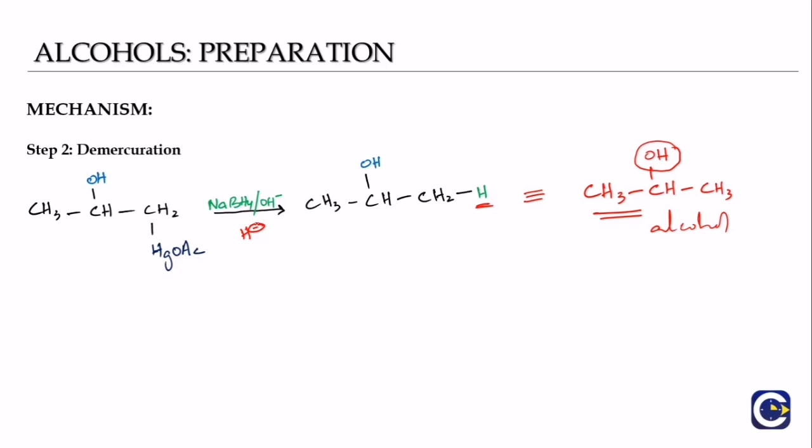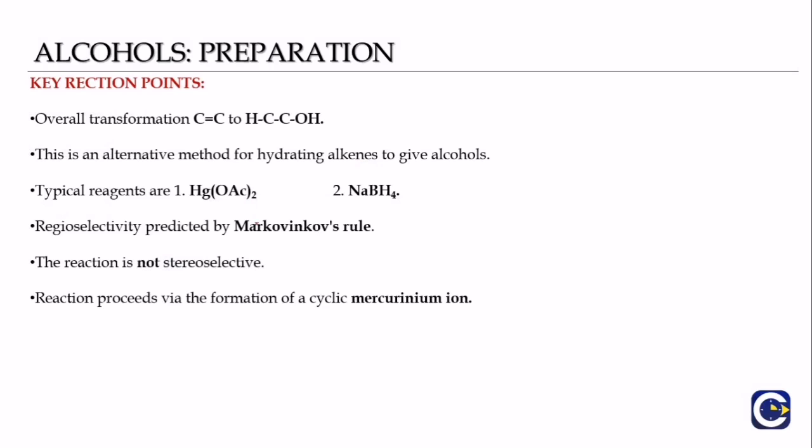Now we'll discuss some key points of the reaction. The overall transformation is the addition of water across the double bond. Because we have added water, this is hydration. It is again hydration, but different from the first reaction we learned, the acid catalyzed hydration.